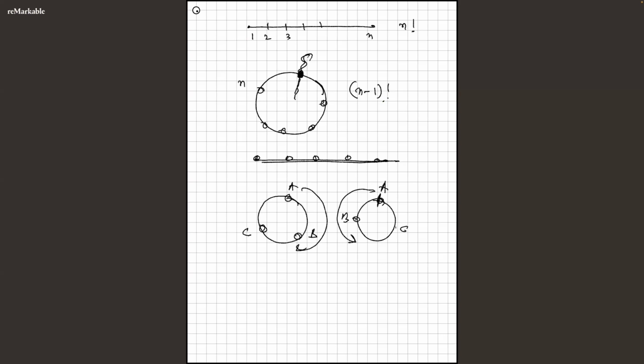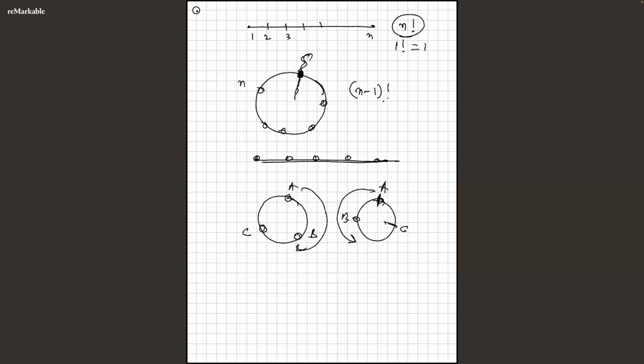I fix A, or fix C. Now the question is: if there's one person, how many ways can you arrange one person in a line? From your common sense, only one way, right? And your formula is also telling that, so 1 factorial must be equal to 1. Do you agree?